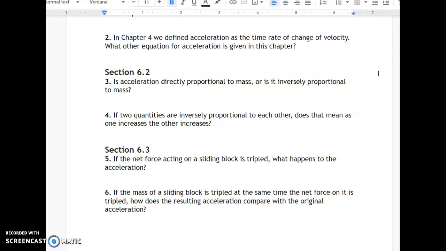So what holds direct proportionality in this chapter is your net force and your acceleration. So as your net force increases, your acceleration increases, and as your net force decreases, the acceleration decreases, which again shows a directly proportional relationship.